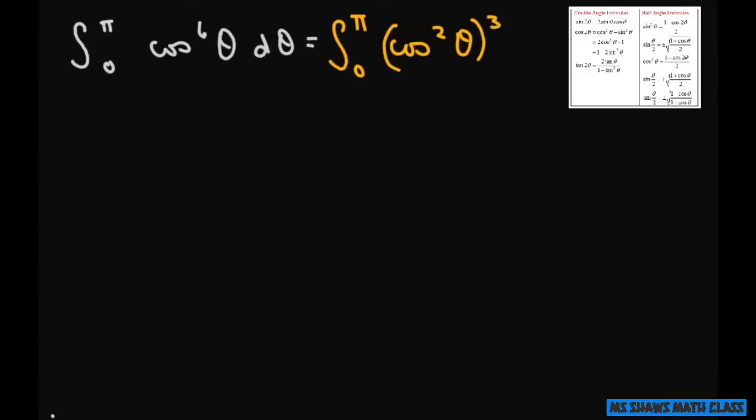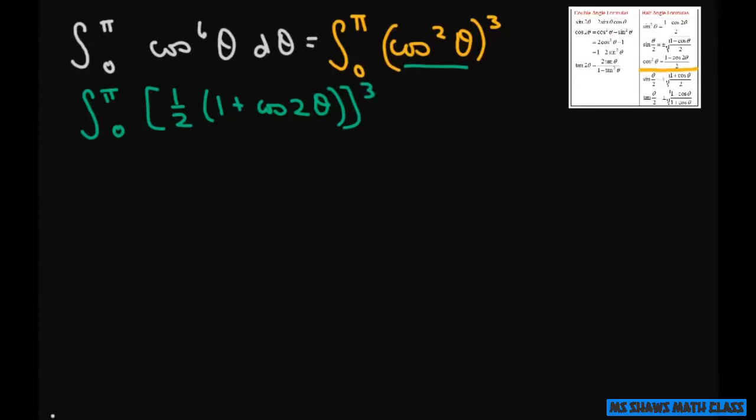That way we can use our half-angle identity here. And when I rewrite that, I'm going to get this. So you're going to get your 1/2 times 1 plus cosine 2 theta, I'm substituting here, cubed.